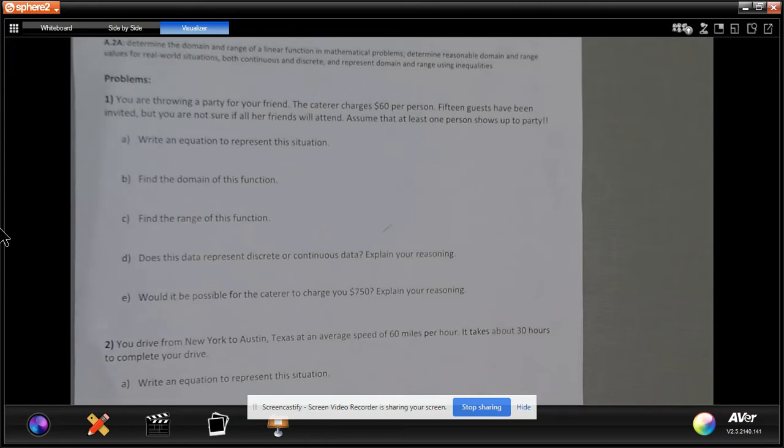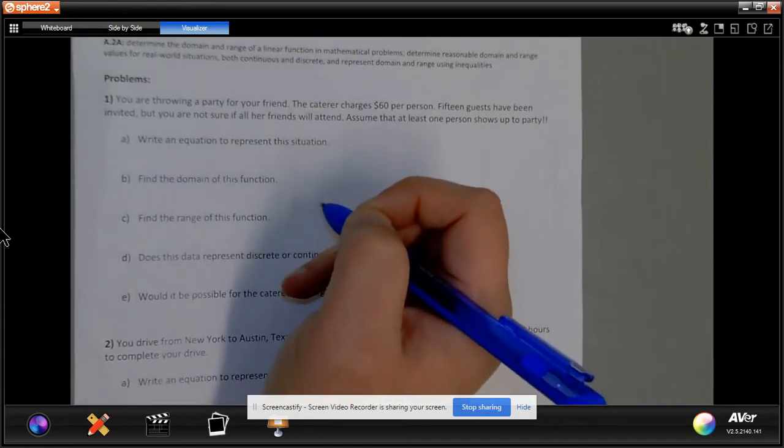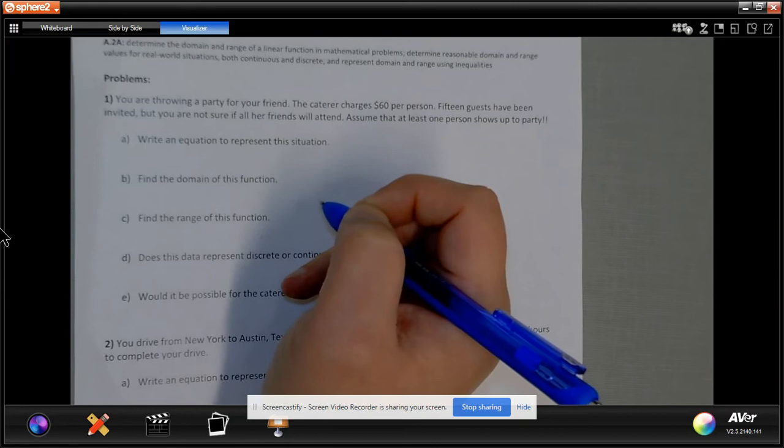All right, so looking at this problem, we have two things. We have the cost of this party and also how many people are going to come. So the cost is going to be our dependent, our range value, our y, if you will.